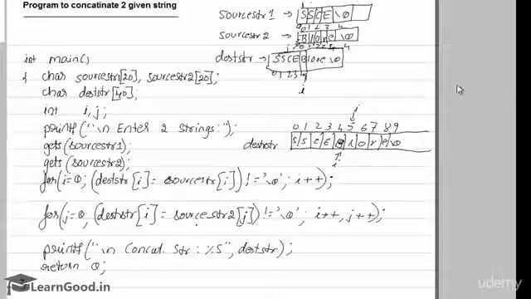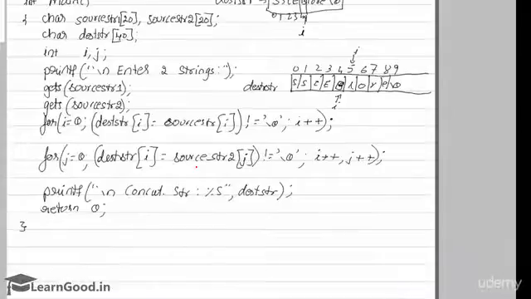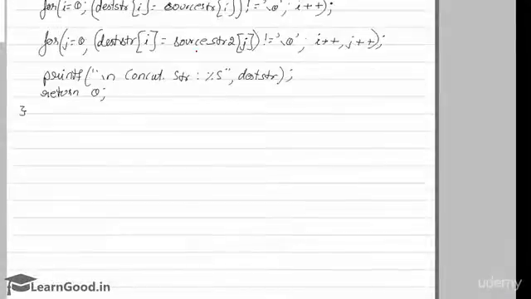The same thing can also be done using library functions. So what you can do is, instead of using this for statement, you can copy it by giving here strcpy, that is dest str comma source str of 1.